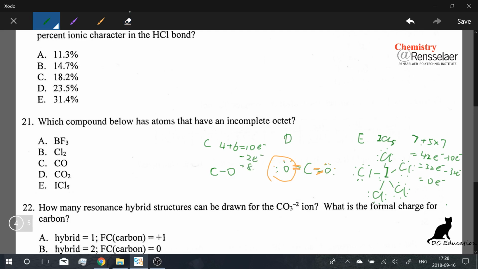We have 8 electrons left. Let's put the electrons around the oxygen first, which requires 6 valence electrons, so it gets down to 2 electrons. And we just put the extra 2 over here. With the formal charge, this one is obviously +1, and this one is obviously -1.